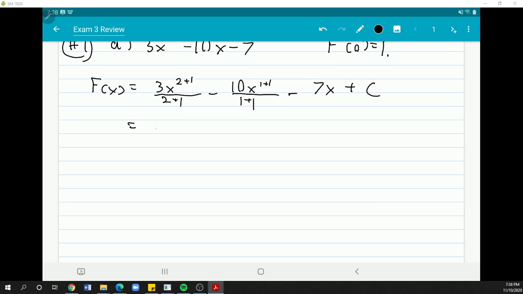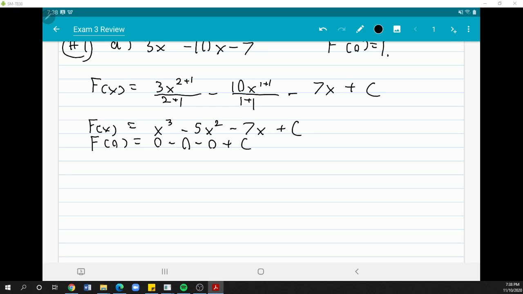Simplifying, we get x cubed minus 5x squared minus 7x plus c. But here I told you that f of 0 is equal to 1. So f of 0 is equal to 0 minus 0 minus 0 plus c.